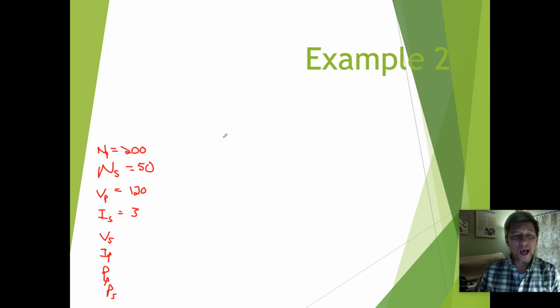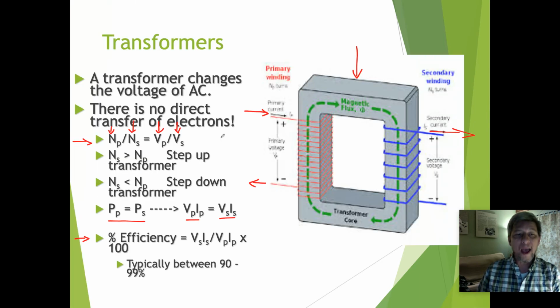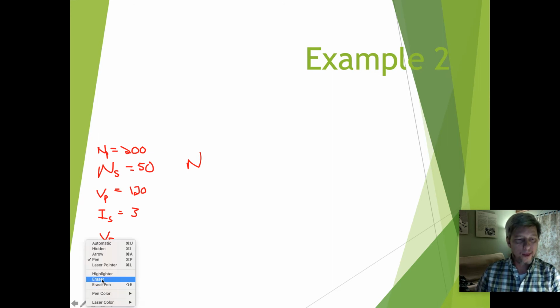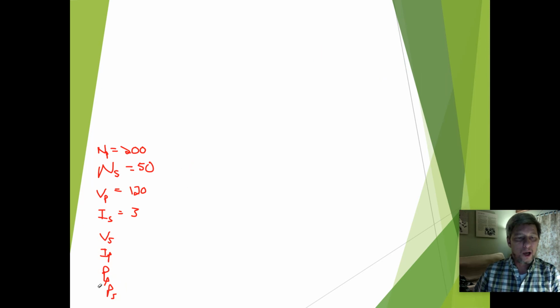So let's have a look at this. If we go back, remember, here's the formula: NP over NS equals VP over VS. So I'm just going to erase this.